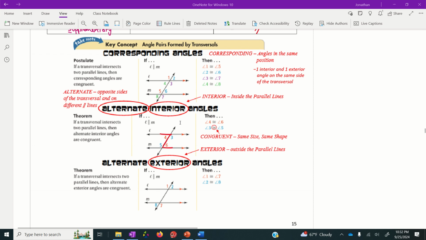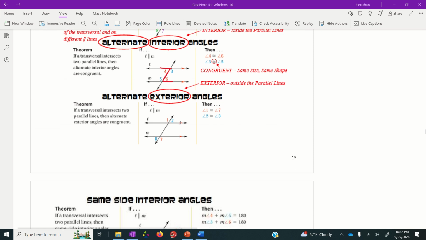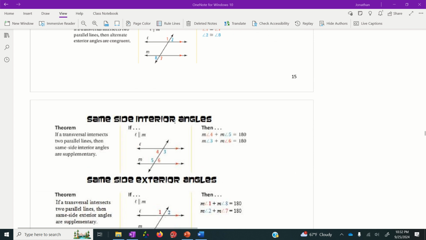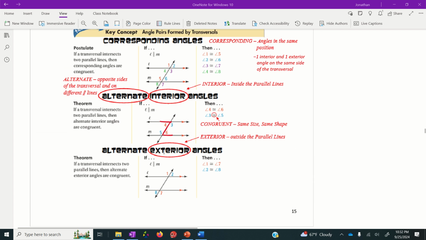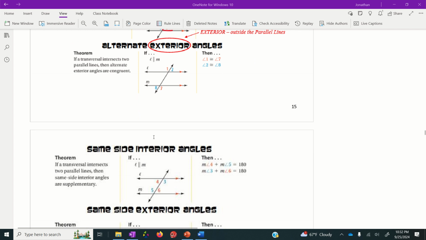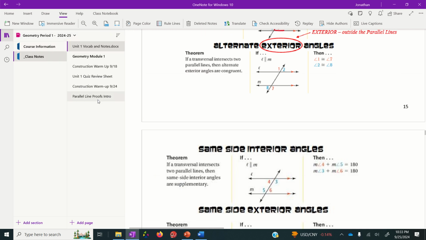If we think about that backwards, if we have either same side exterior or same side interior angles that are supplementary, or we have a set of alternate exterior, alternate interior, or corresponding angles that are congruent, any one of these 5 things is enough to say those lines have to be parallel. So if I have a Z here with these 2 angles equal, I know the lines are parallel. That's something I could use to prove parallel lines. Get one of these 5 things to happen, and that's enough to say that the lines are parallel.